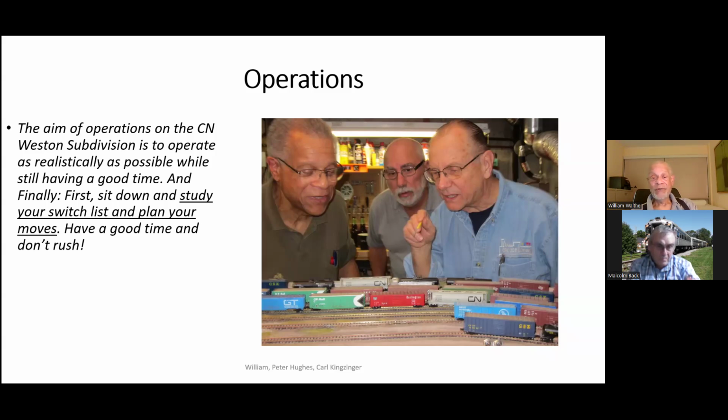The engineer operates the engine. And the main point is to get people to slow down, study what they want to do, take the time, and enjoy themselves. This photo is from 2014 from the first layout.